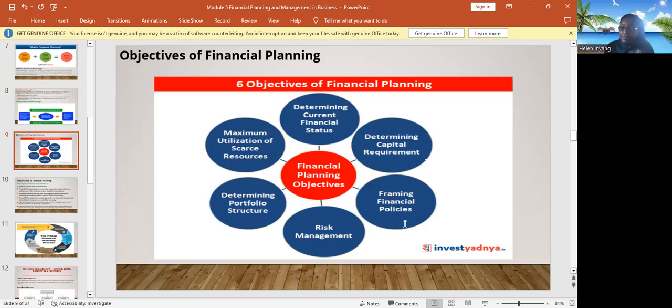Like in economics, human wants are unlimited, but the resources to satisfy these wants are limited. They are scarce. So any business resources are scarce. So how will you make maximum use of the scarce resources available in order to maximize your output or maximize your services rendered to your customers or consumers?